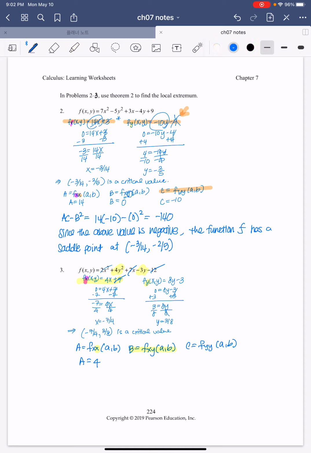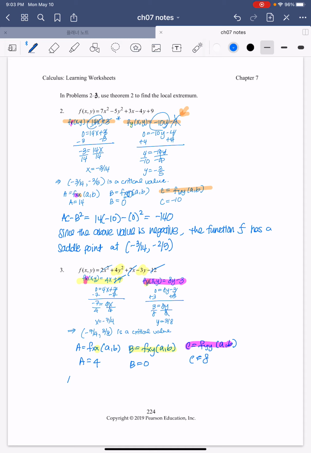None of the terms has y, so I end up having b equals 0. C is the function that deals with this one here because its first derivative had a y, so I'm looking at this one. And then let's take one more derivative with respect to y. So I get c is equal to 8.